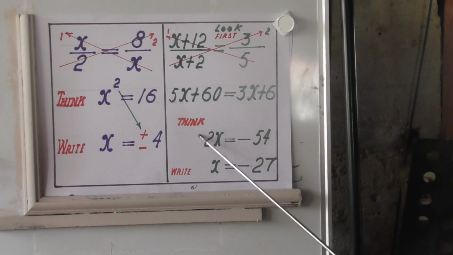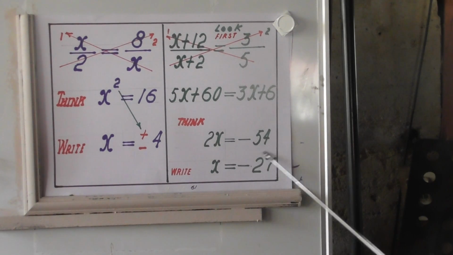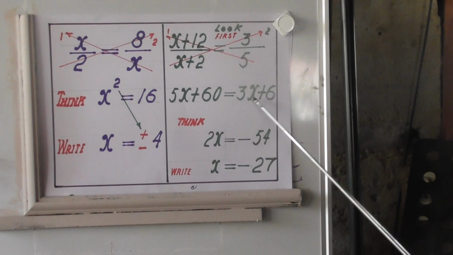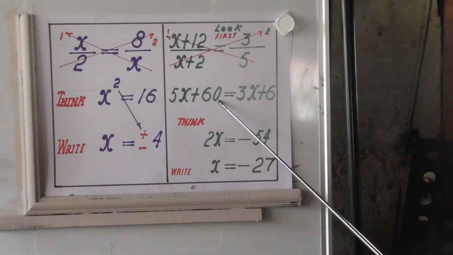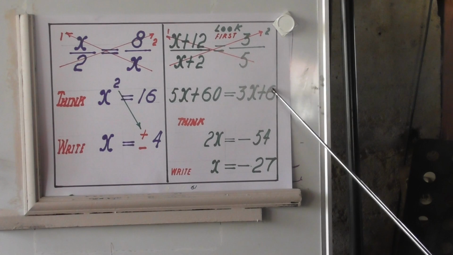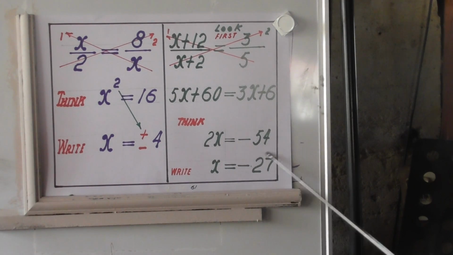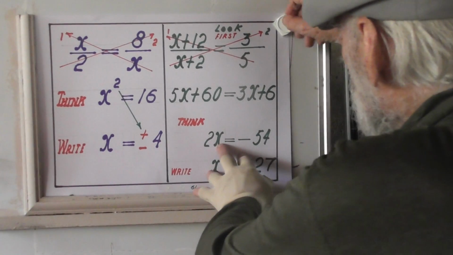You only think this because it's not so complicated. 5 take 2 is 2. Negative 6, that's 54. You don't write that down, you think that and you have it. So x is negative 27. Mental work.